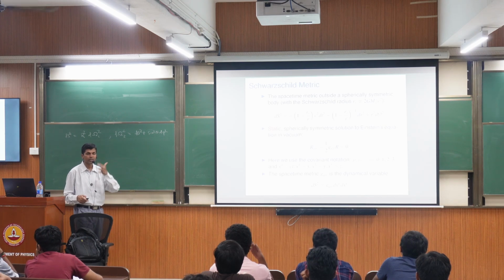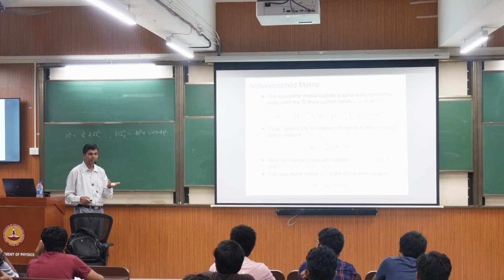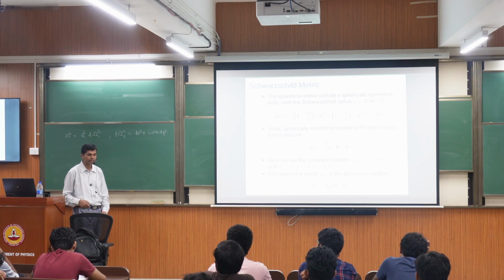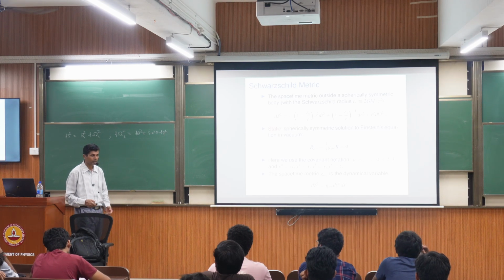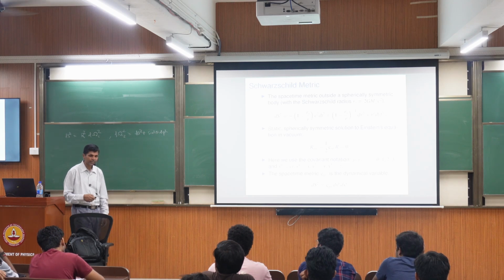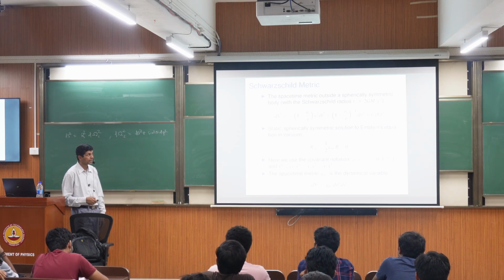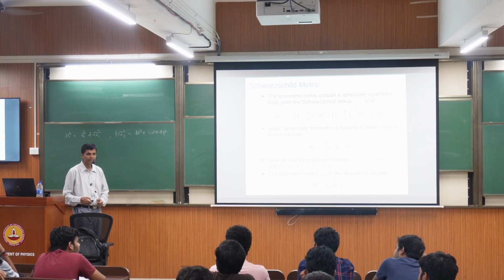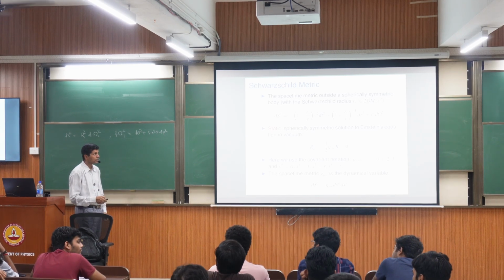For example, consider the geometry outside a rotating star. That will be stationary, and the components of the metric will still be independent of time. A stationary space is called static if it is invariant under t goes to minus t. If there is a time reversal symmetry in addition to being stationary, then it becomes static.